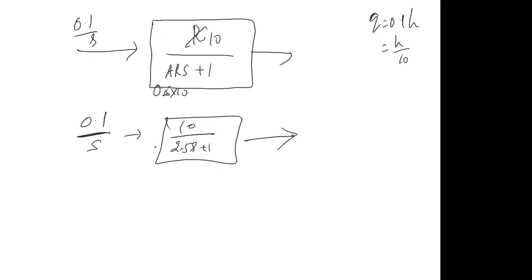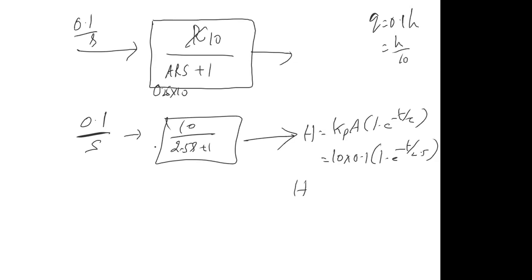Then what is the response that you get? H equal to Kp A into 1 minus e power minus t by tau. So what is Kp? 10. What is A? 0.1. 1 minus e power minus t by 2.5. So H is 1 minus e power minus t by 2.5. This is the deviation variable H. Clear? But what is capital H?